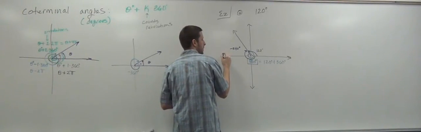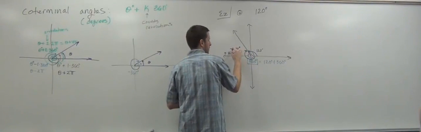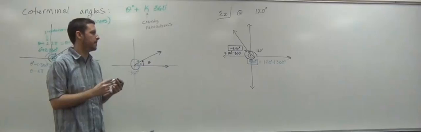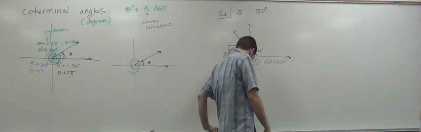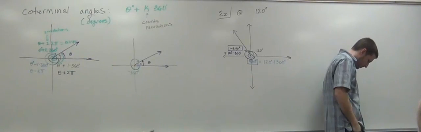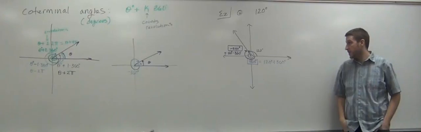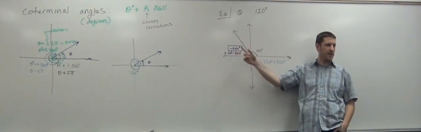And we get that by doing 120 minus 360. Yeah, both of these are coterminal. This would be a positive coterminal. This would be a negative coterminal.